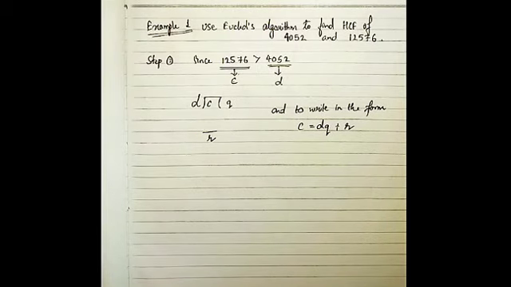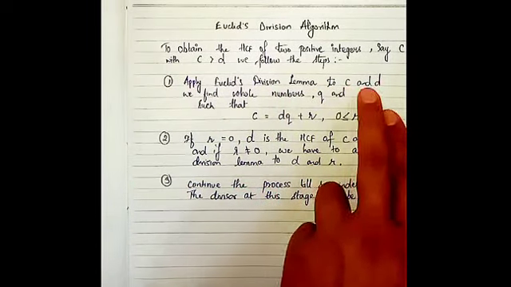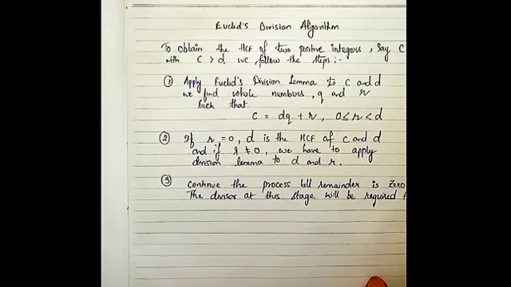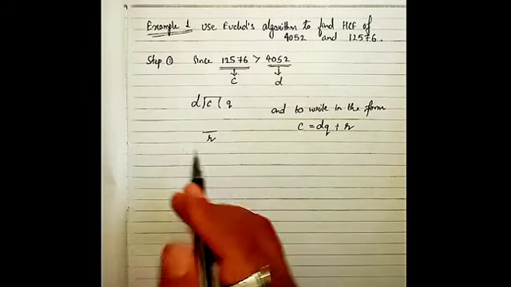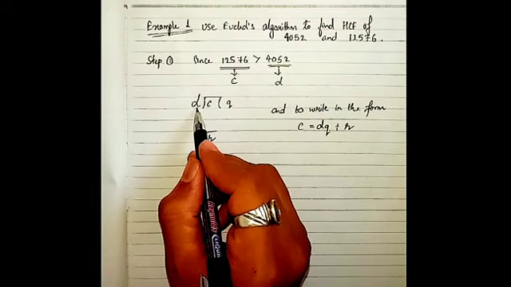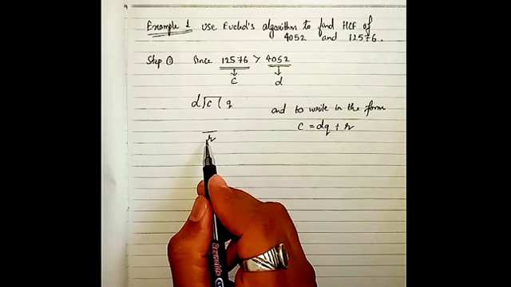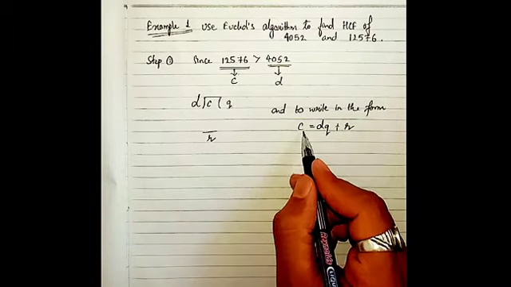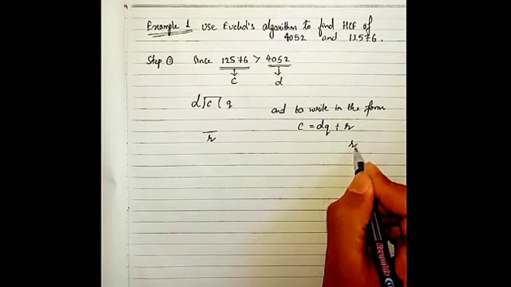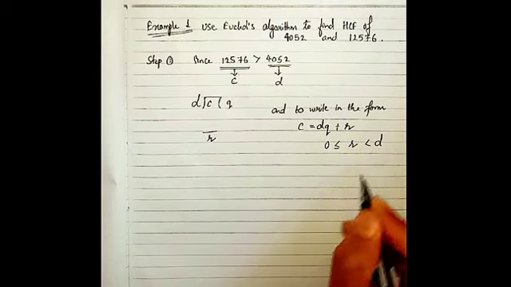Now I have to apply my first step, that is, apply Euclid's division lemma to C and D. We find whole numbers Q and R such that this equation is valid. So first I will divide this greater number by this smaller number, and I will obtain a quotient as well as a remainder, and I will write it in the form C is equal to DQ plus R, and I will also find that this R value will be greater than or equal to 0 and less than my D value.